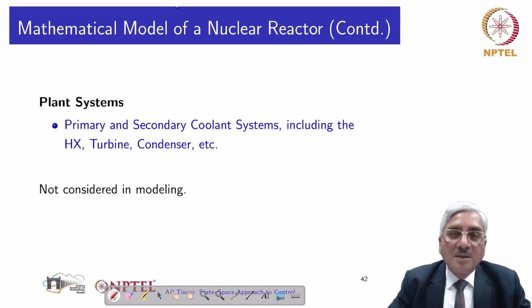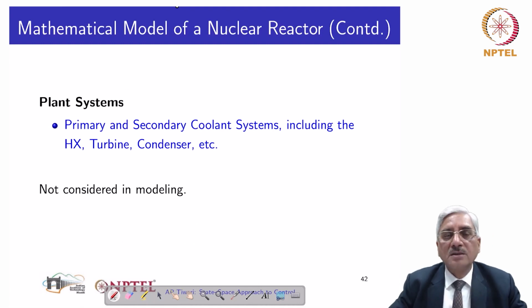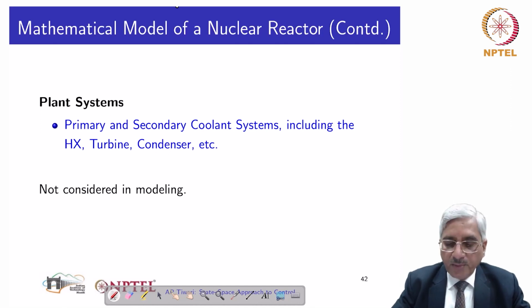Then there are plant systems. As you saw in the schematic picture in one of the previous slides, there are other components. As the coolant goes out, it passes heat to the secondary coolant. Secondary coolant drives a turbine. Turbine drives a generator. Now all these components have dynamics, and for very accurate modeling that needs to be considered, but again, to keep things simple, we are not considering this.